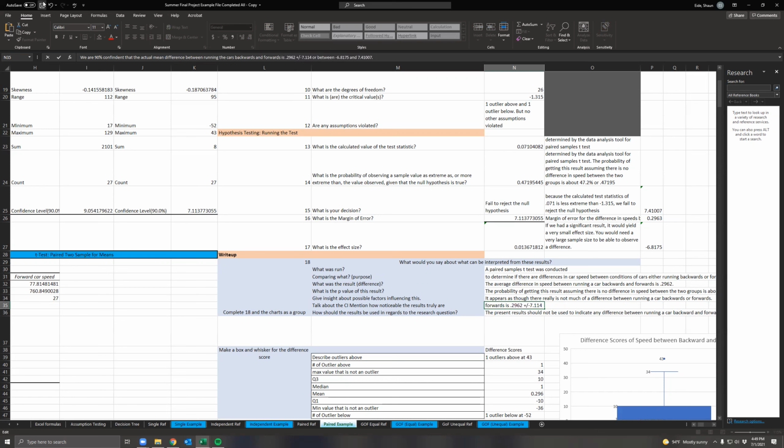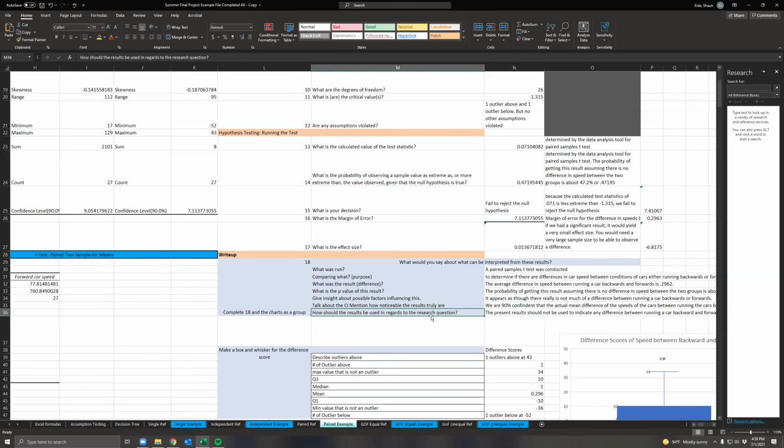It's so easy to just assume that people are right on board with you with everything that you're saying, but make sure that you write what it is that you're saying. And I know that I'm really bad about that. So it's something that I've got to work on too, but make sure that you write the actual mean difference of the speed of the cars between running the cars backwards and forwards is 0.2962 plus or minus 7.114, or between blank and blank.